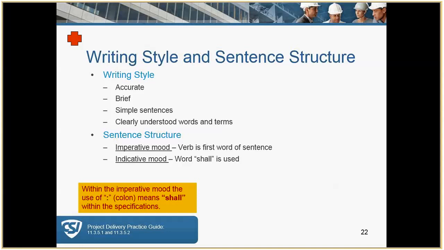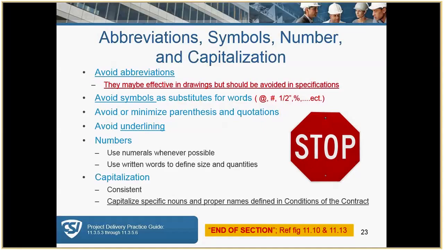There is less and less use of "the contractor shall" in projects and even in government work, and that's a good thing. They're taking out words that really don't belong. In specifications, it's a good idea to avoid abbreviations, and also avoid symbols.